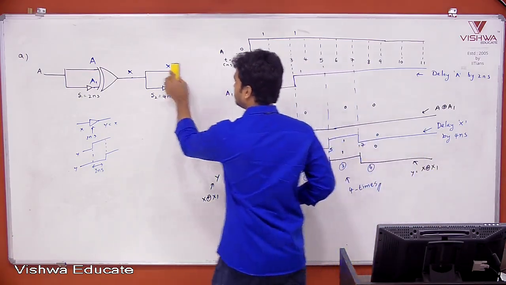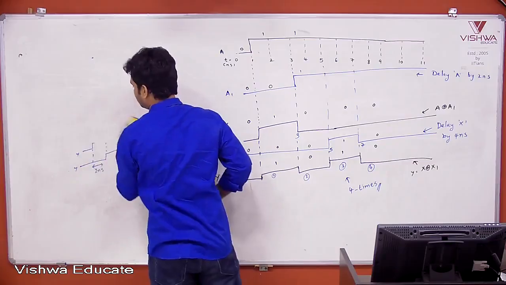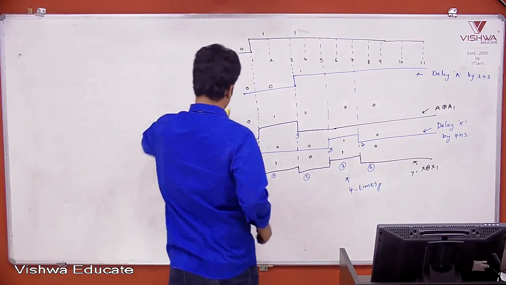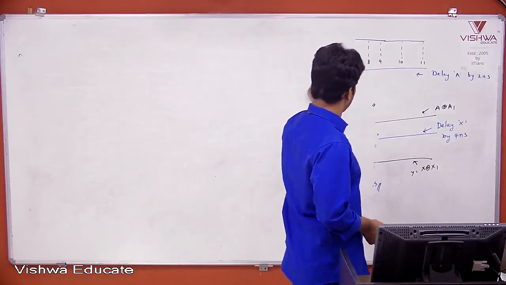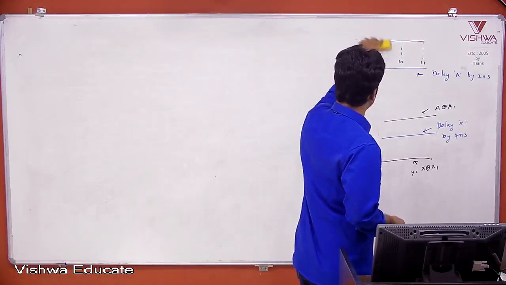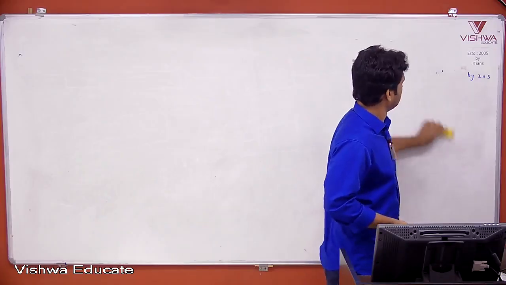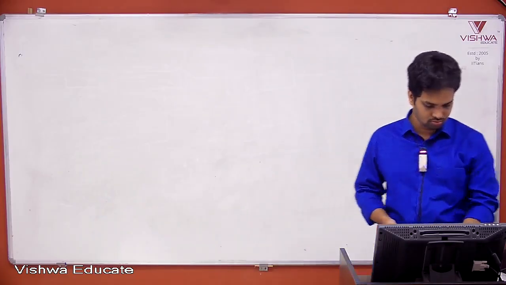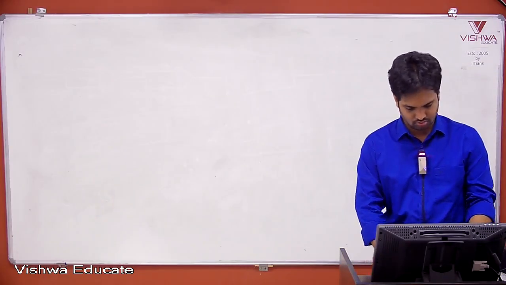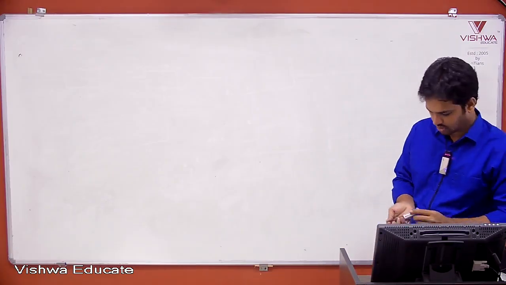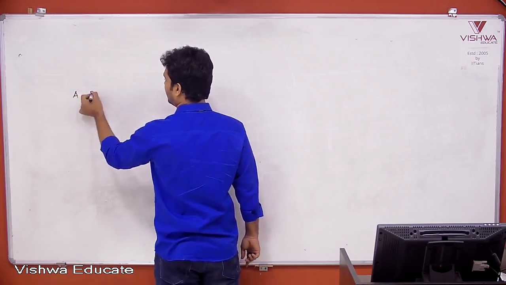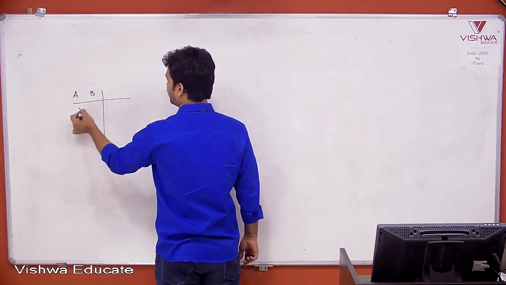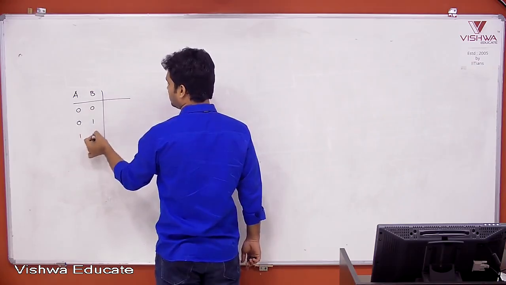See here. Suppose I have a function of a, b. It can be 0 0, 0 1, 1 0, 1 1.